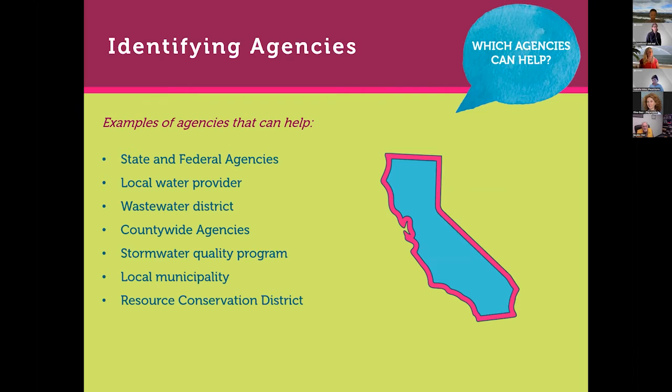There's local water providers. Probably some of you are aware that we have very many water districts in Ventura County. We have about 160, ranging from the very small mutual water companies all the way up to the larger municipal water agencies that wholesale water, and a lot in between.